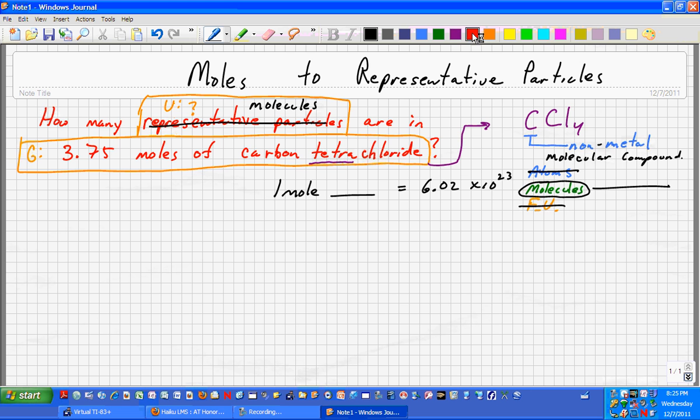So now I'm ready to go ahead and start my setup. I can set this up with 3.75 moles of carbon tetrachloride times, I need to get rid of moles of carbon tetrachloride. That's the unit I'm looking to cancel.